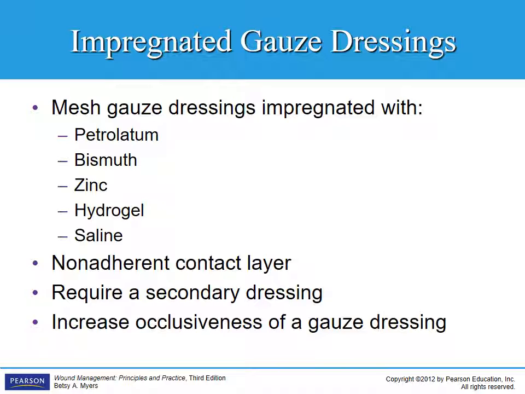So you've got a gauze, but it's not going to adhere to that wound bed. And it does require secondary dressing, and it does increase the occlusiveness of the gauze dressing. Because you've impregnated any of these things that are listed in that gauze dressing, it makes it more occlusive than if you use just a regular gauze.